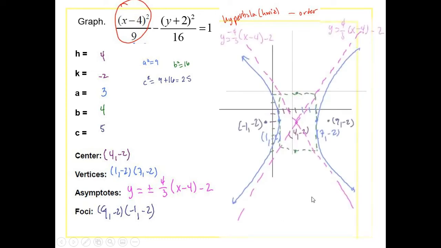And if I were to graph this, it would look something like this, with my center at 4, -2. Here's my box in the middle here. Here's my asymptotes. Here are the vertices here, and here are the foci in dark blue here. So I'll give you a second to jot that down, but you're probably going to have to come back and finish up this slide later.